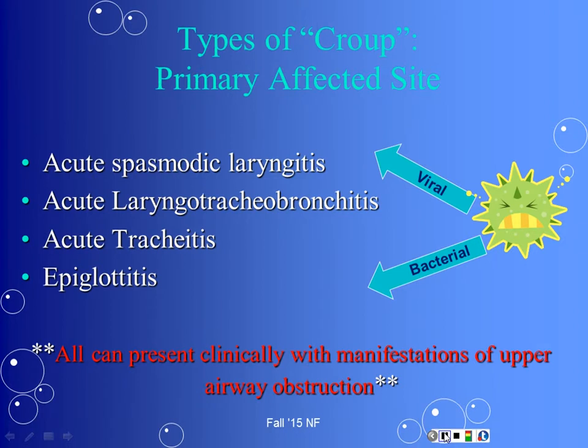Over 50% are caused by parainfluenza virus. Fun fact. You don't see a lot of epiglottitis anymore because of the Hib, or Haemophilus influenzae type B, vaccine. So the top two are viral, the second two are bacterial.